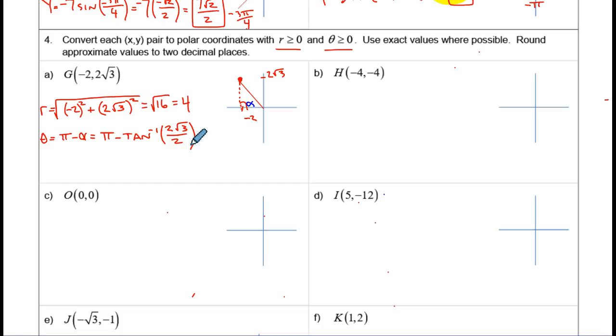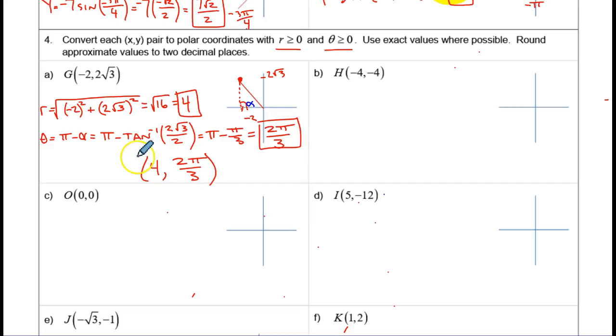Okay, so notice I just took the absolute value of both the x and the y coordinates. The inverse tangent of 2 root 3 over 2, well, that's just the inverse tangent of root 3, and that's going to give me pi over 3. So when I do pi minus pi over 3, that's going to give me 2 pi over 3. So I have my r comma theta, and writing that as an ordered pair would look like this.